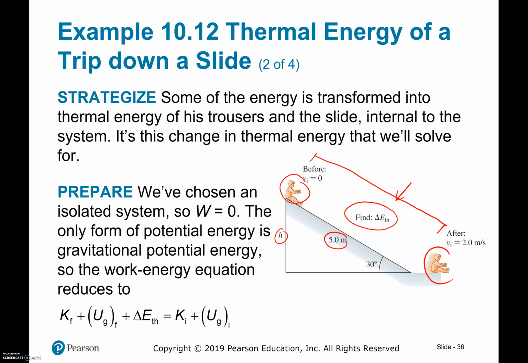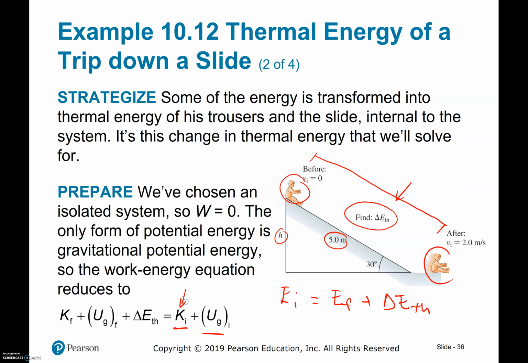So let's write our equation. The initial energy has to be equal to the final energy plus whatever energy I lose as heat, right? So that is what is written here. Initial energy, what is that?